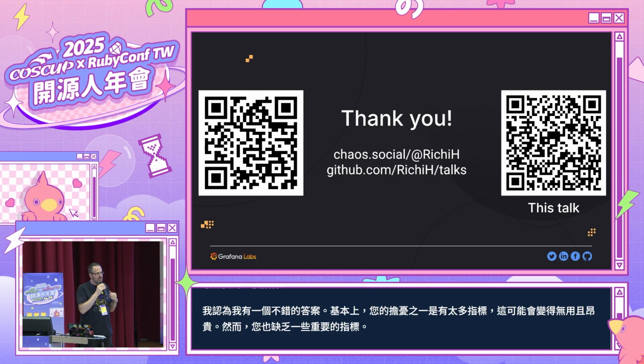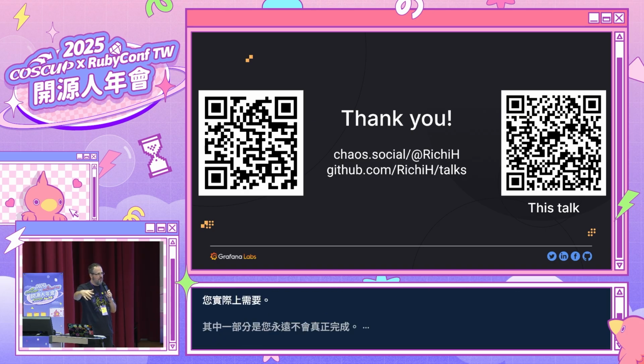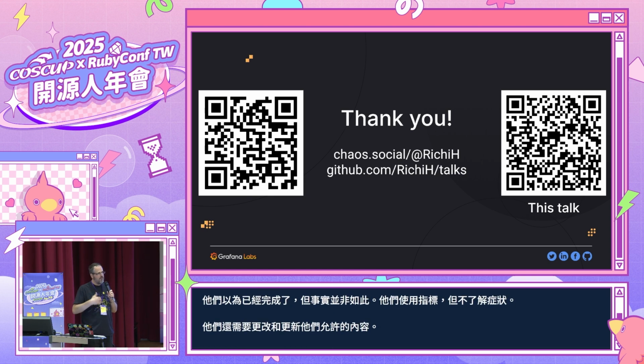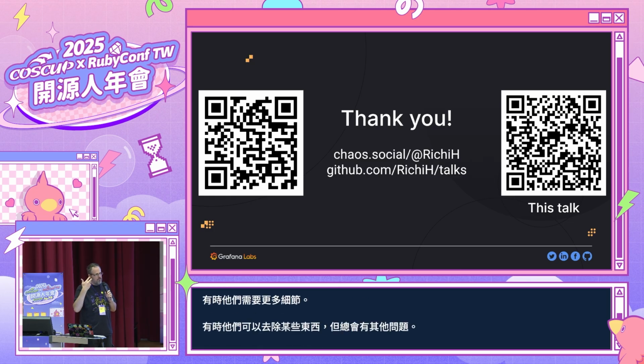One thing I've often seen is developers think they write a counter once and they're done forever. This is not the case. As they use the metrics to understand the system, they also need to change and update what they are emitting. Sometimes they need more details, sometimes they can get rid of something, and developers need to get into this mental mode of continuously improving and not just doing it once and pretending they're done forever.